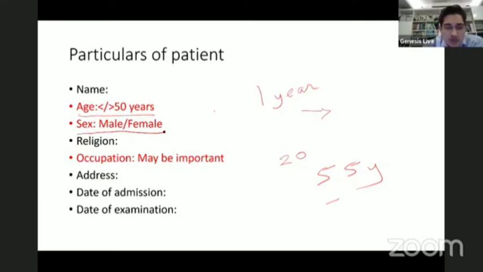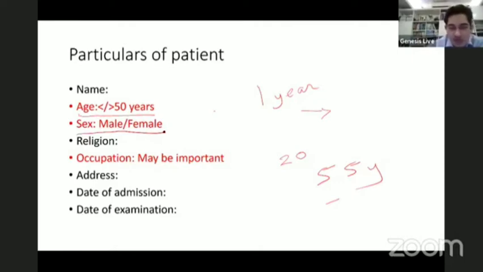These are commonly found as a right iliac fossa lump. There may be other lumps as well. Similarly, in a male patient, it can be an undescended testis turning into malignancy, right? So this is how male and female always differ.